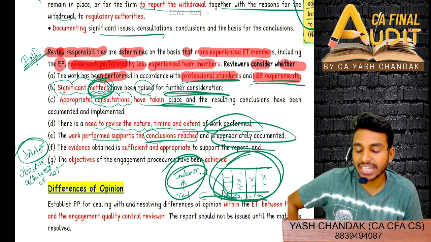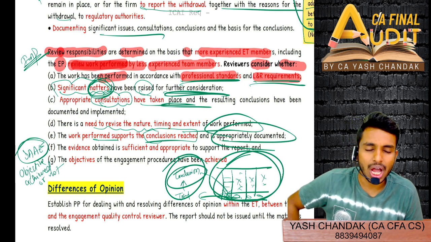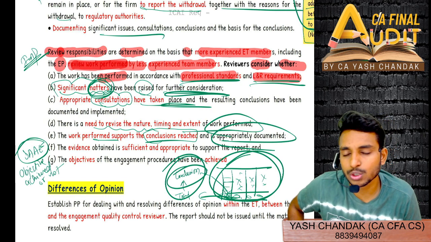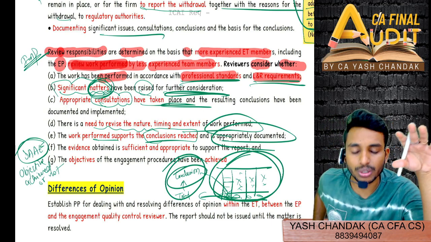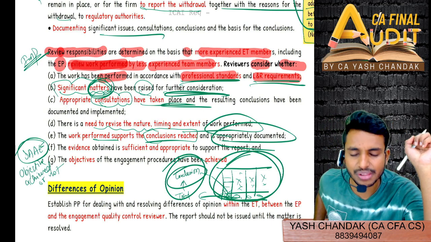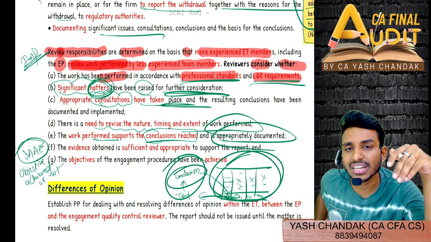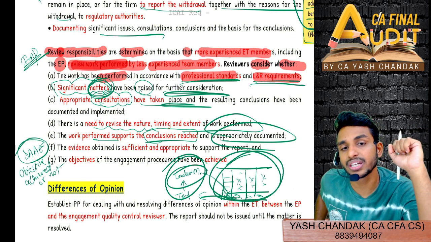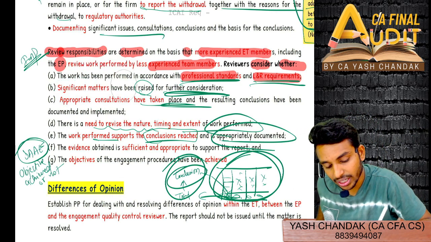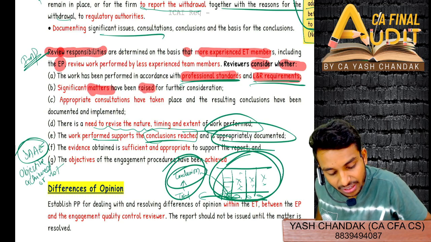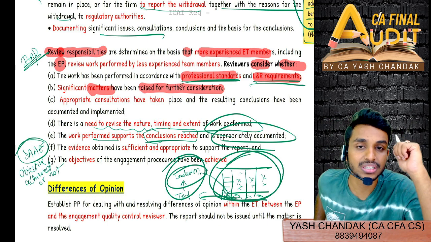So again, I'll try to comply with all the professional standards and legal requirements. Just to get this answer through a form of story, suppose I was going through all the legal and regulatory requirements and professional standards that need to be complied with in the firm. Then I saw a major departure from certain law and regulation. That means a significant matter. I encountered a significant matter. So whether I have raised it for further consideration or not, then I raised it for further consideration.